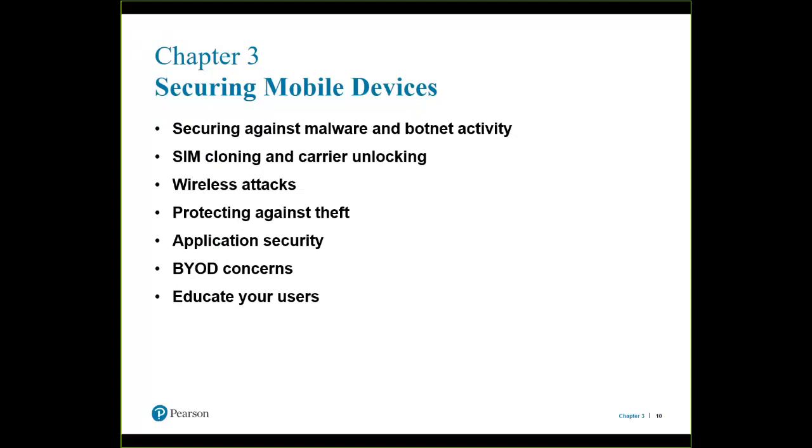Other things that can happen with a mobile device. Most of our mobile devices, not all, but most, still use a SIM card. And if a SIM card is in a phone, a SIM card can be cloned. They are not hard to get out of most phones. Your phone probably came with a little tool, but if you look at that tool closely, it just looks like a straightened out paper clip.